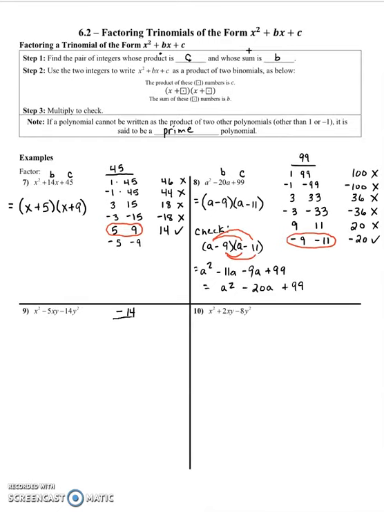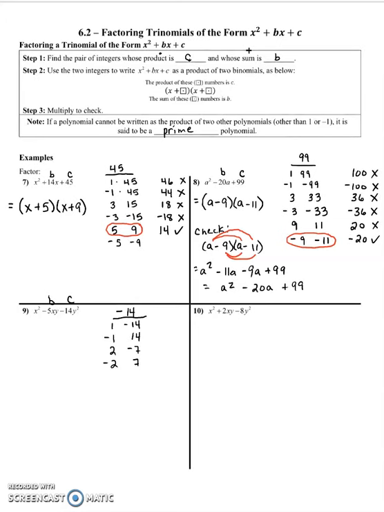So what multiplies to give us negative 14? Well, either positive 1 and negative 14, or negative 1 and positive 14. We could also have 2 and negative 7, or negative 2 and positive 7. Now they need to add up to be a negative 5, because that's what we have for b.